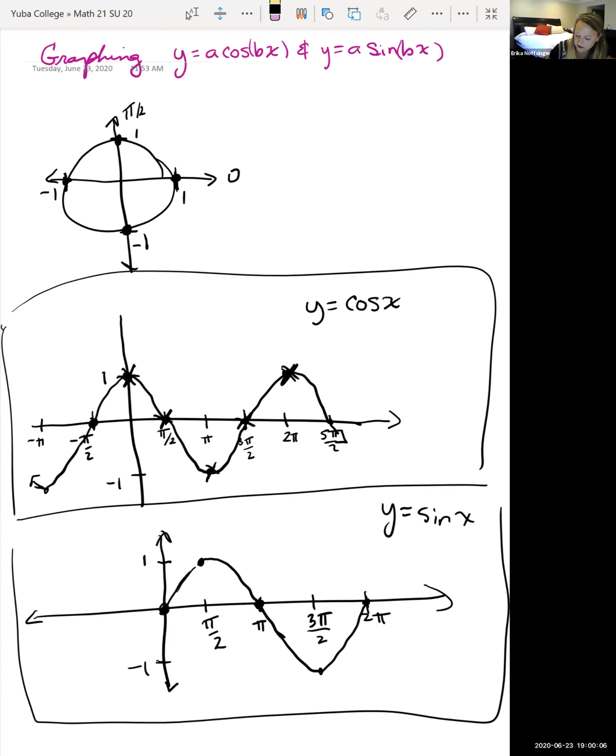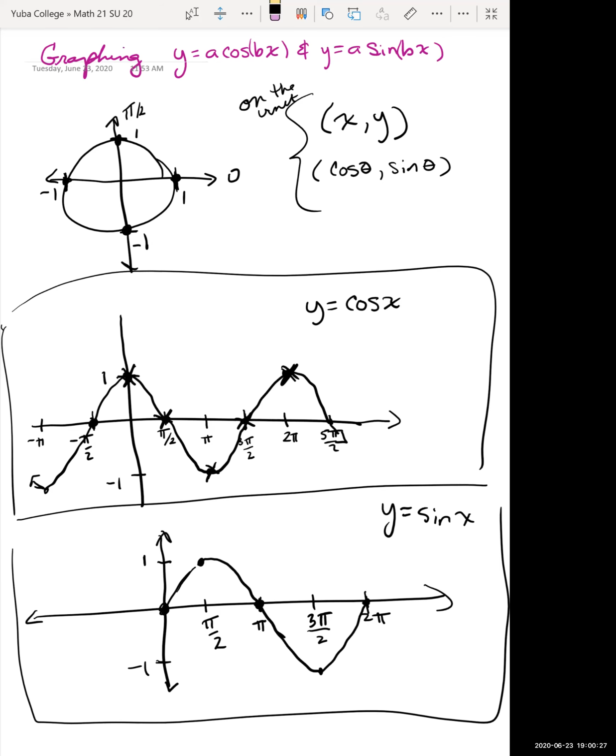And remember, a point x, y on the unit circle can be thought of as cosine of theta, sine of theta. I'm using that to get those values to plot on the xy axis.